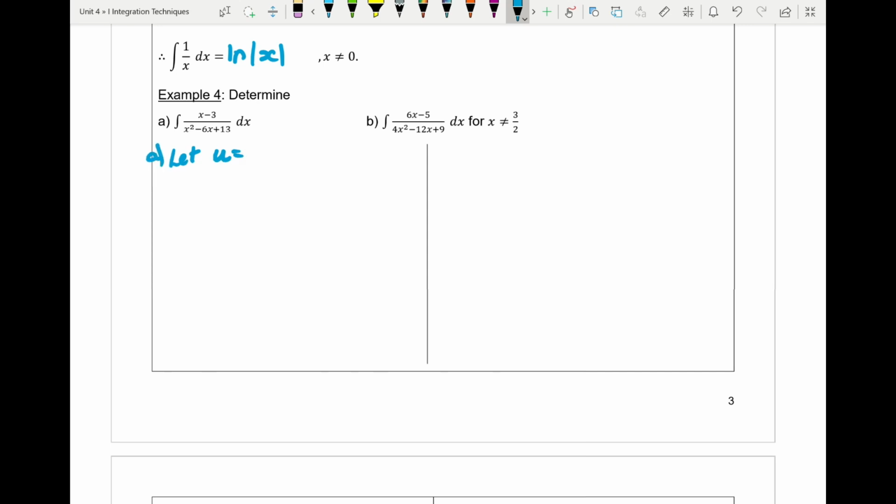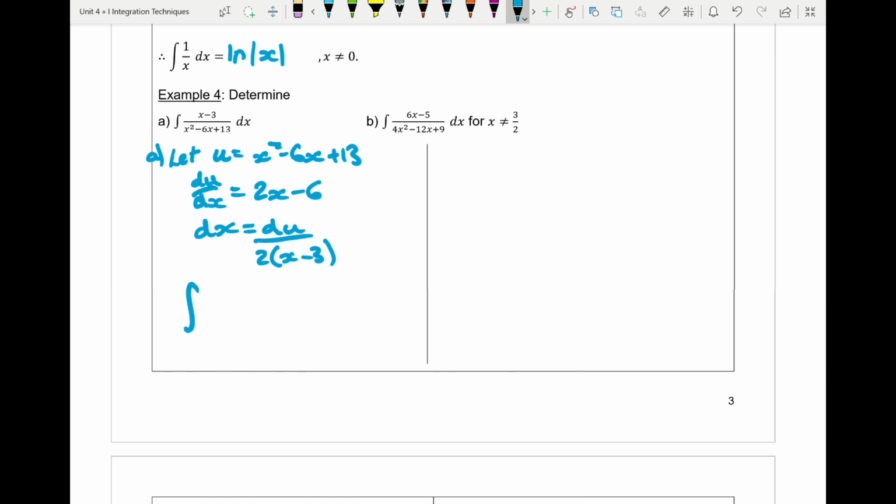We let u equal x squared take 6x plus 13. So du dx is equal to 2x take 6. So dx is equal to du on 2 times x take 3. And we can see that x take 3 is the numerator there, so we are going to get some cancellations. Let's continue through with this problem.